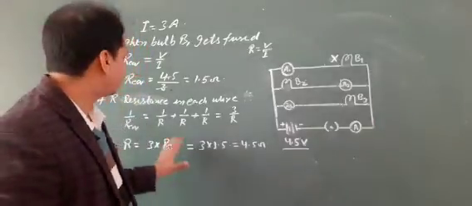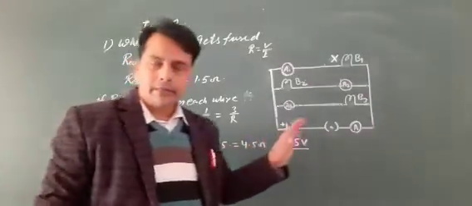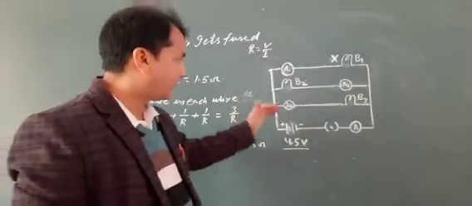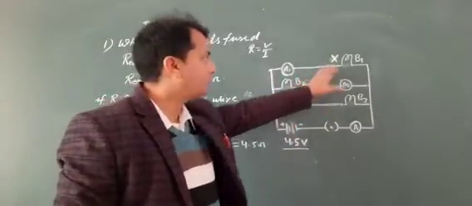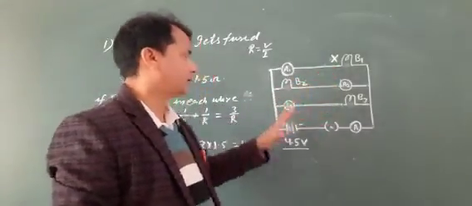So it is clear that we can find the individual current flowing through B1, B2 and B3.